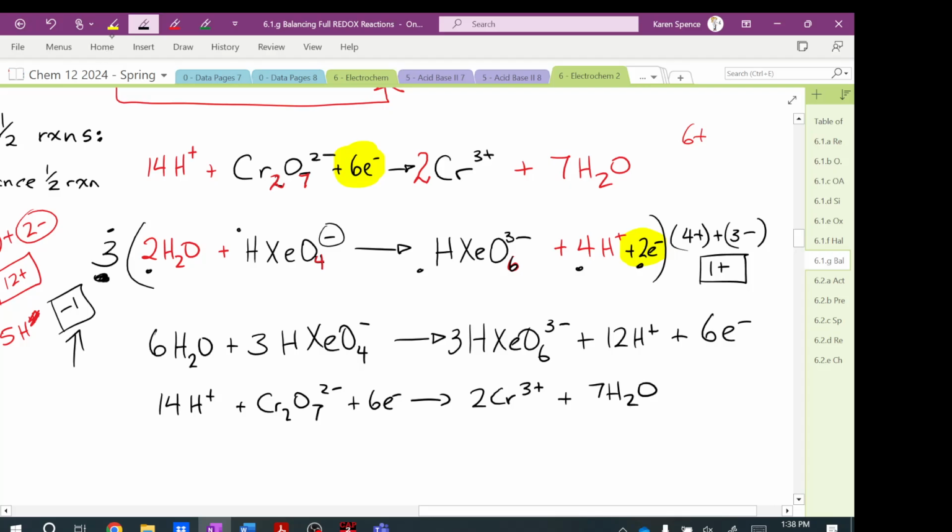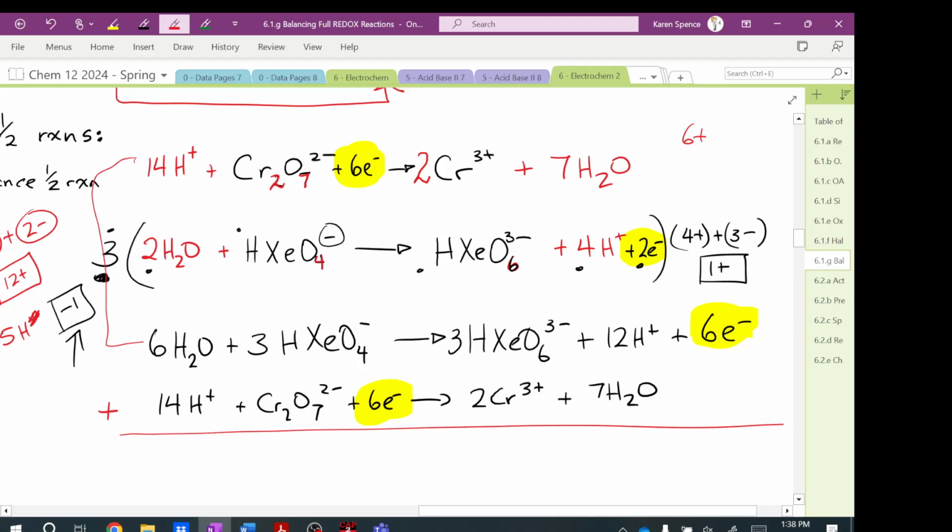I would recommend getting a little highlighter or circling your electrons and making sure that the electrons in equal the electrons out. That way you're paying attention to it. Add them up. Do you see what I mean? I could have done the addition, but this is kind of hard because they're separated and I might make more mistakes.